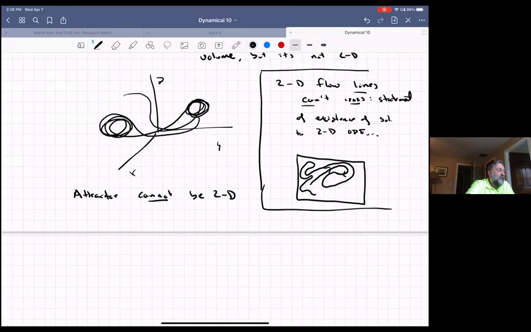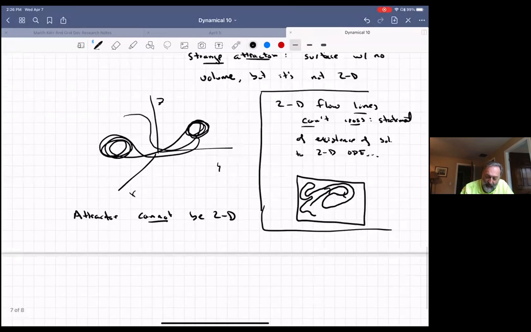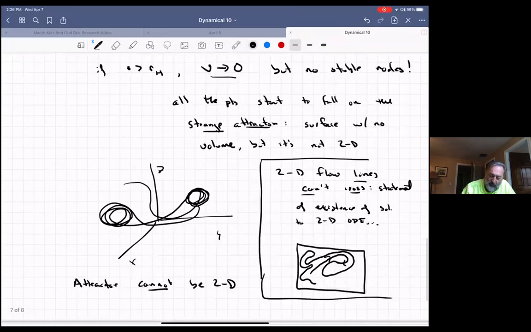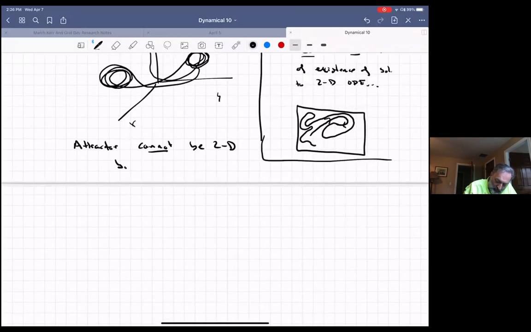So the attractor is not two-dimensional, but we just proved that the volume is going to zero. So the attractor cannot be two-dimensional, but the volume of the points on the attractor is zero.